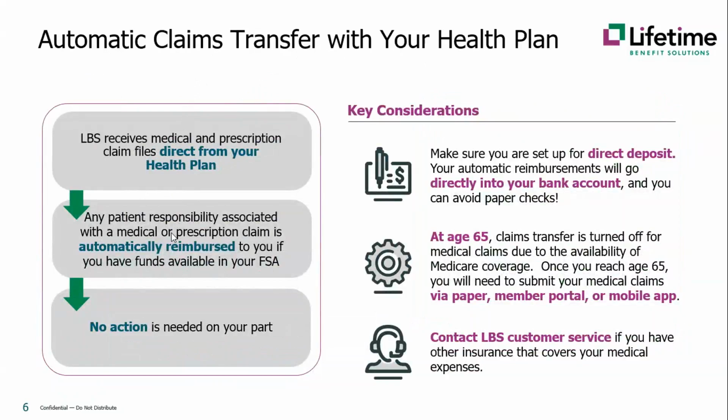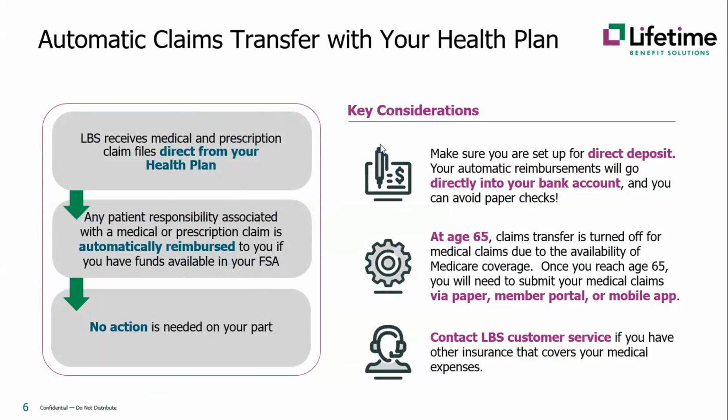And when we receive that claim, we're going to be able to tell what your patient responsibility or out of pocket was. And as long as you have enough funds in your FSA to cover that amount, we will automatically reimburse that amount to you. So there's no action needed, no claim to file, nothing for you to do to prompt that. It works automatically, completely hands off, and it really is a great and easy way to be reimbursed through your FSA.